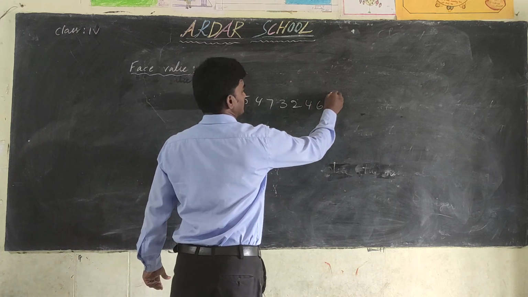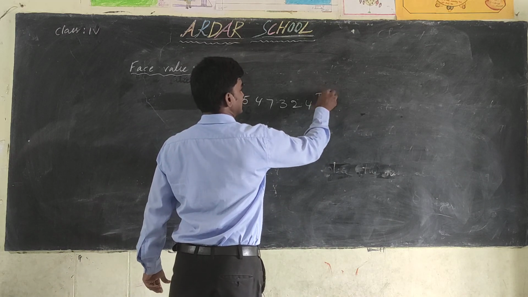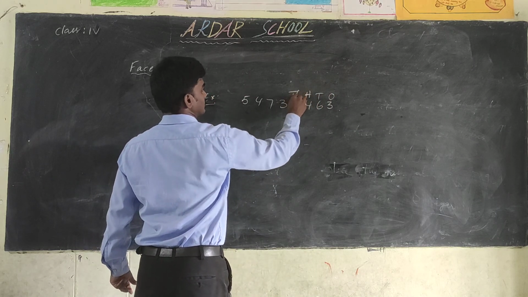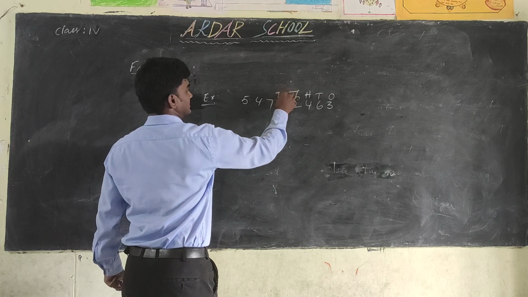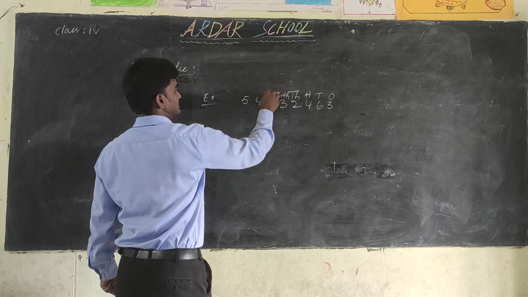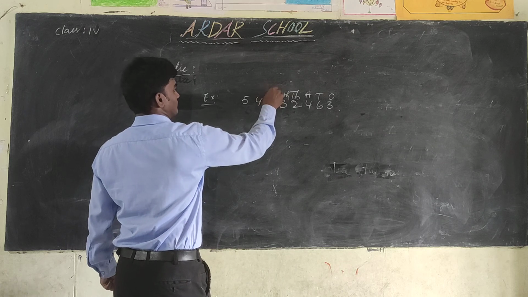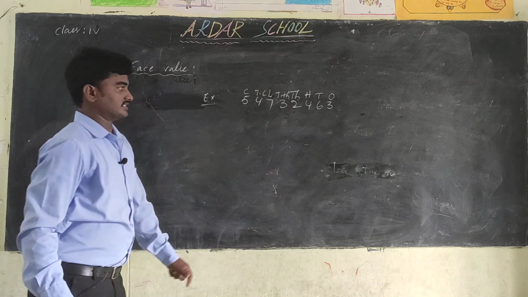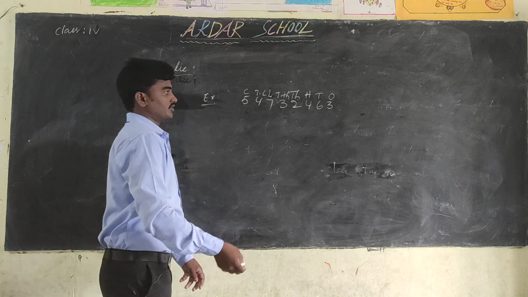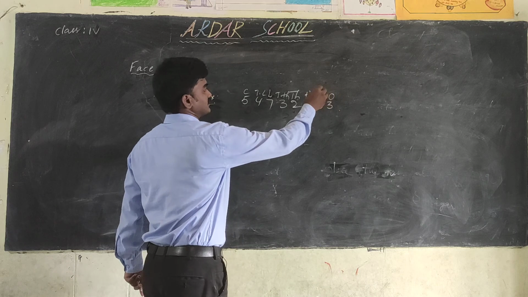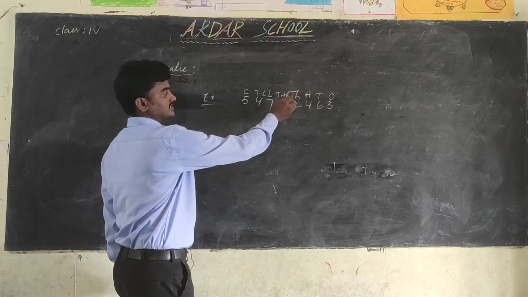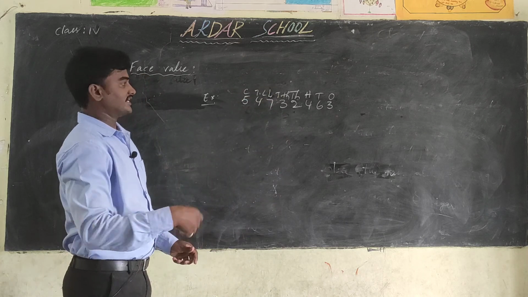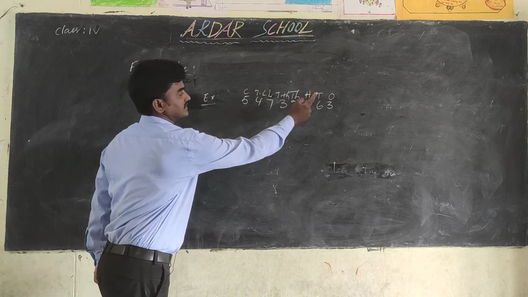So 3 is at ones place, 6 is at tens place, 4 is at hundreds place, 2 is at thousands place, 3 is at 10,000s place, 7 is at lakhs place, 4 is at 10 lakhs place, and 5 is at crores place. Let me repeat the places: ones, tens, hundreds, thousands, 10,000, lakh, 10 lakh, and crores. So let us see the face value of these digits.